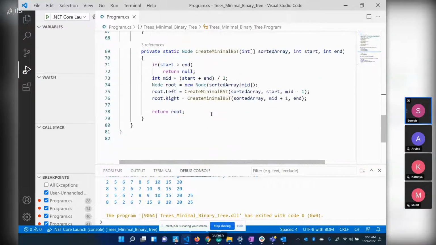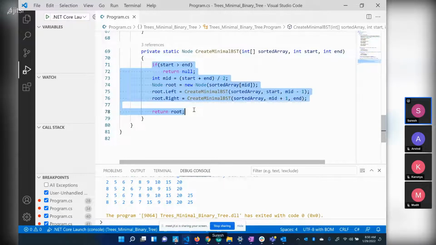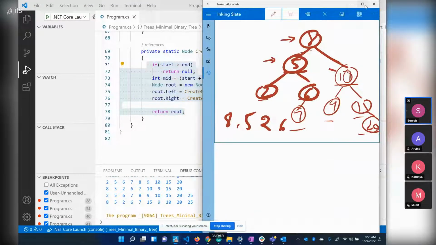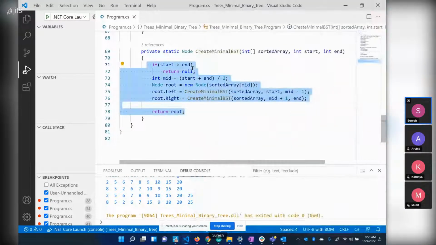That is basically the full algorithm. Look at that, it's hardly 7 lines of algorithm, but it took more than half an hour to explain and half an hour to understand. See how difficult it is. That's the magic of algorithms, right?